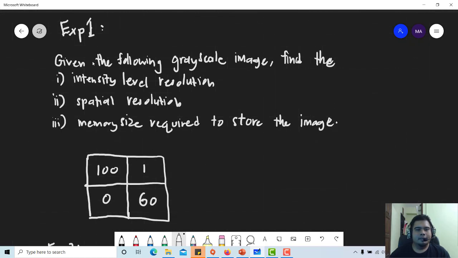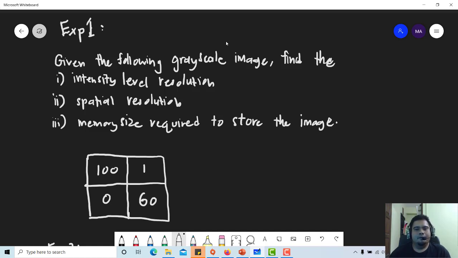given the following grayscale image, if you talk about grayscale, like I said before, intensity level resolution can vary. It can be 4 bits per pixel, 16 bits per pixel, 8 bits per pixel, or many bits per pixel.